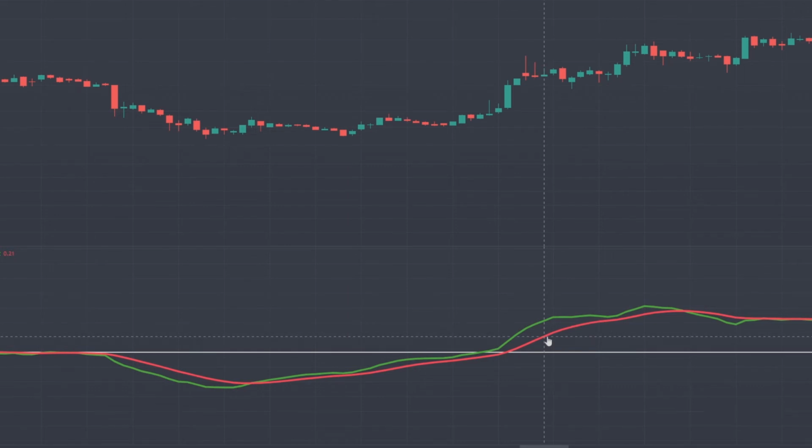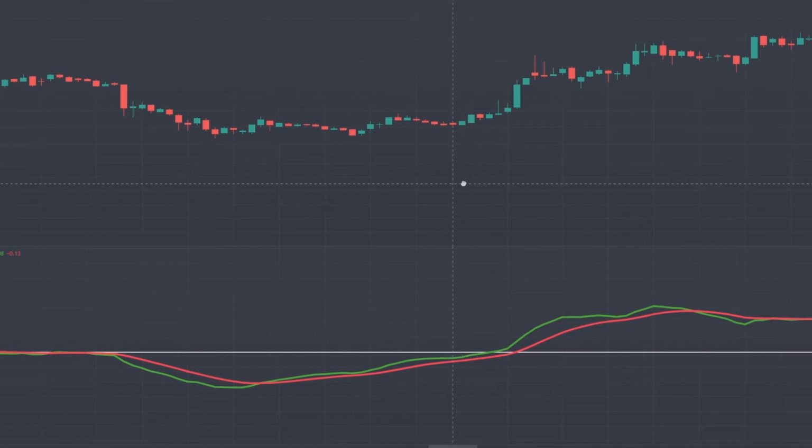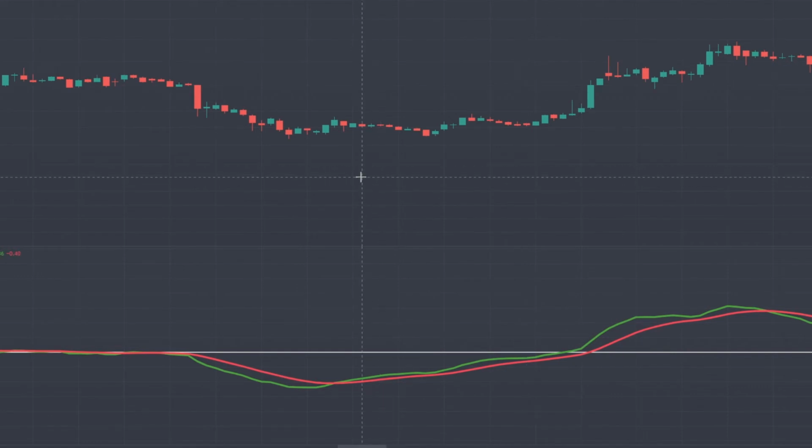When using the MACD, we are looking for the MACD line to cross over the signal line in order to go long or take a long position. The opposite would be true when taking a short position. So let's use the simple example. We have a crossover right in this region, indicating a buy signal.